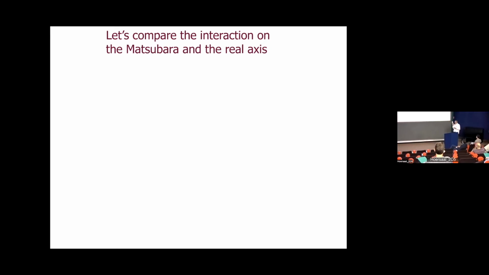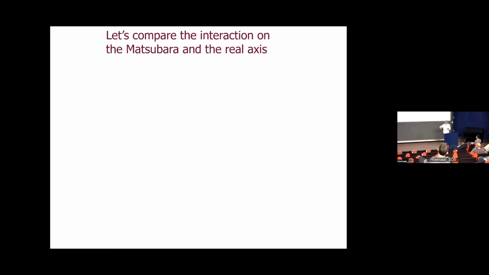The argument, in fact, is very simple, and it goes like this. Let's just compare interactions on two axes. One is the one that theorists like, the Matsubara axis. Theorists like it because it's easier to do calculations on the Matsubara axis, and also because the pairing interaction is real on the Matsubara axis. Then, the stuff that I mentioned on slide number 2 of the talk, in fact, is that the system always finds an attractive channel.